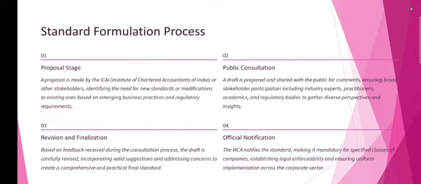A proposal is made by ICAI, that is the Institute of Chartered Accountants of India, or other stakeholders, identifying the need for new standards or modifications to existing ones based on emerging business practices and regulatory requirements. So, a need for a new or revised standard is identified in the proposal stage, right? The next one is public consultation.